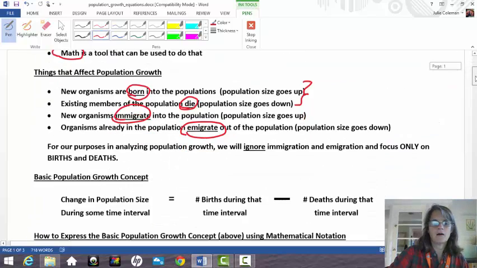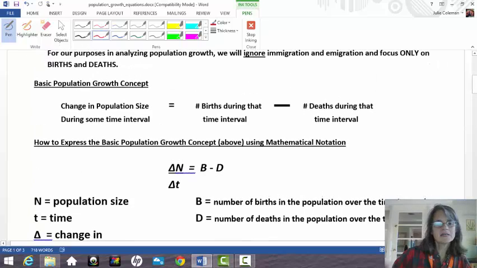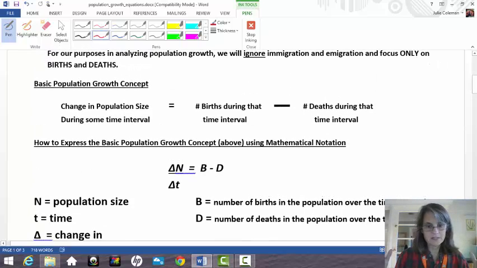Okay. Now, basic equation concept for this is that the change in population size over some time interval, usually it's 1 year, but it can be any time interval that the problem asks you about.